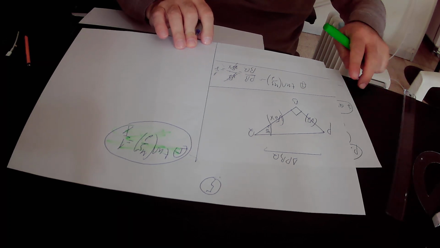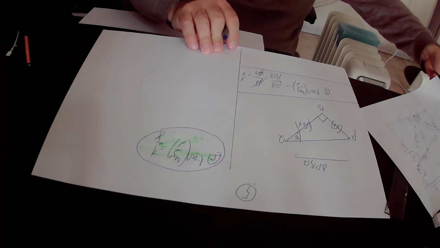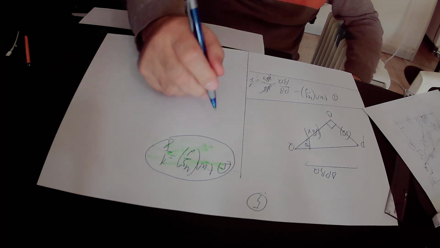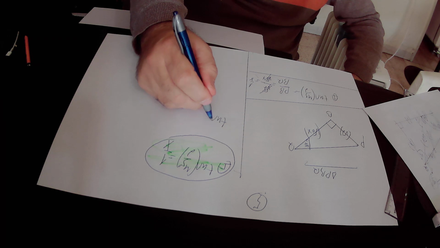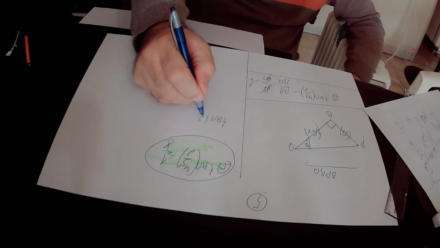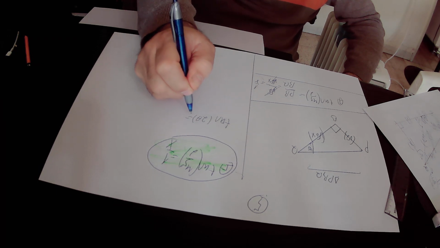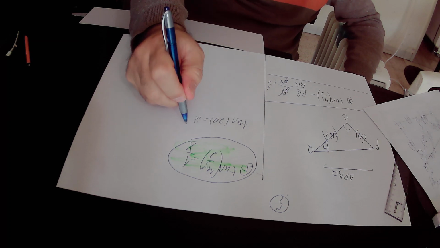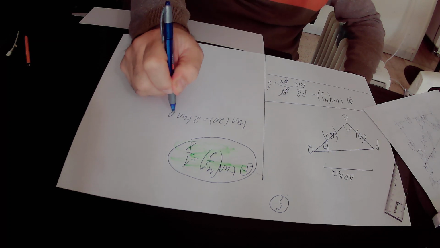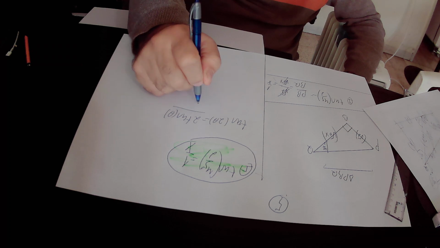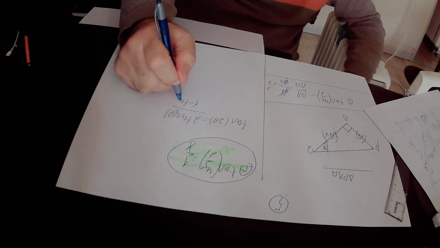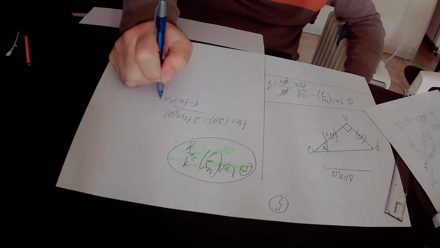And we have the trigonometric identity: tangent 2 theta equals 2 times tangent theta over 1 minus tangent squared theta.